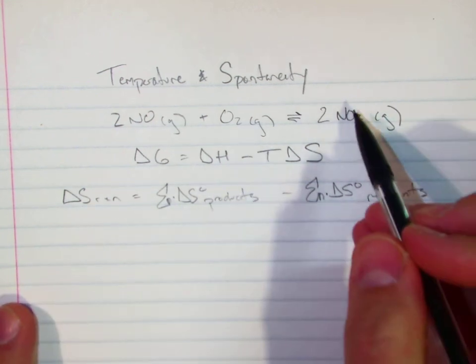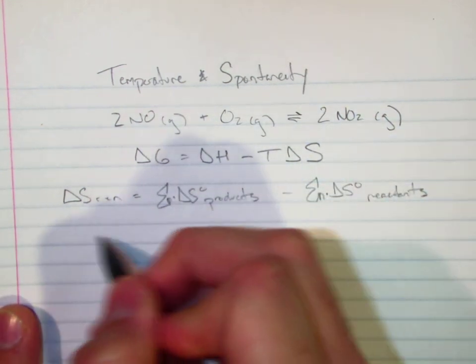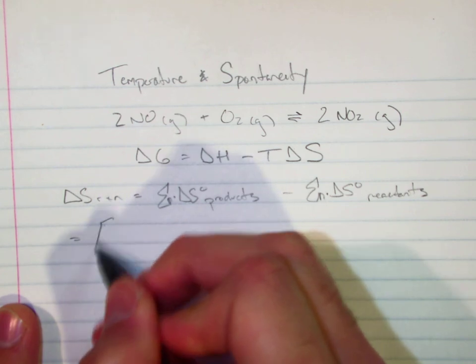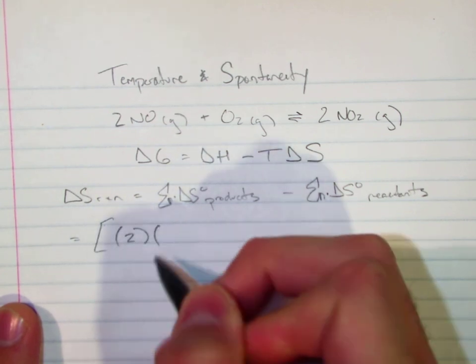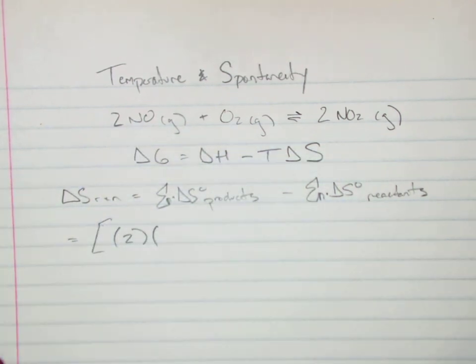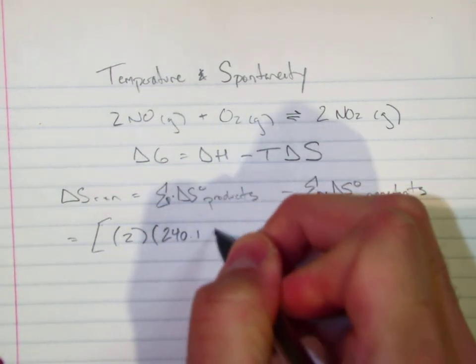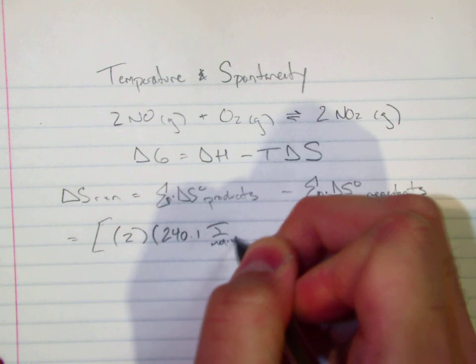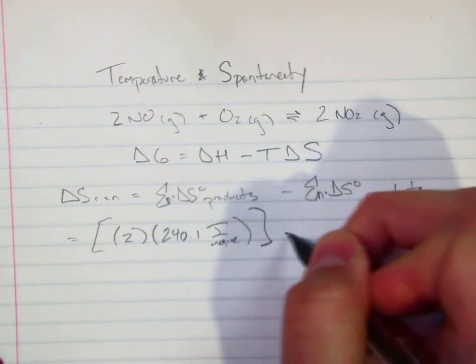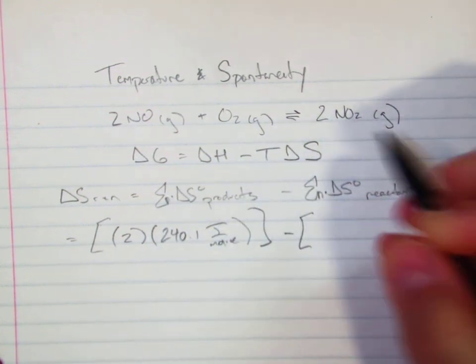So my one product here, 2NO2, so a coefficient of 2 times the entropy value for NO2, 240.1 joule per mole Kelvin.